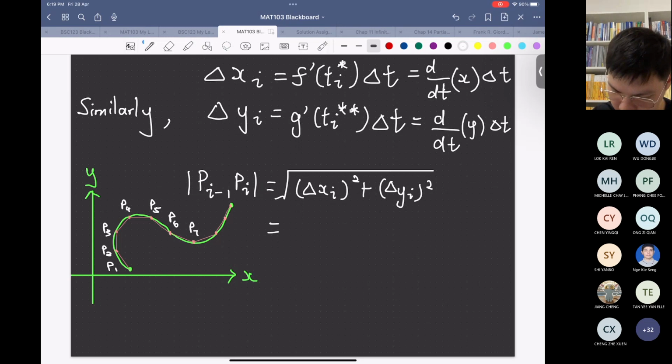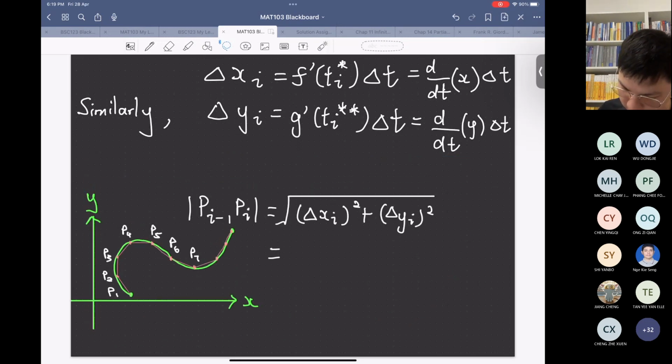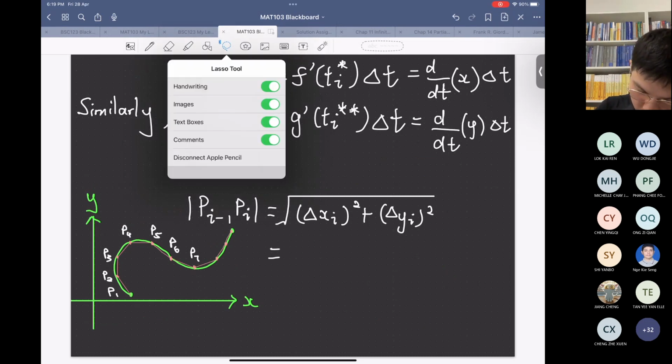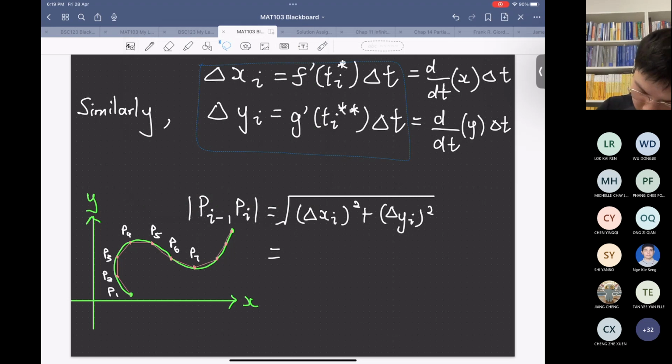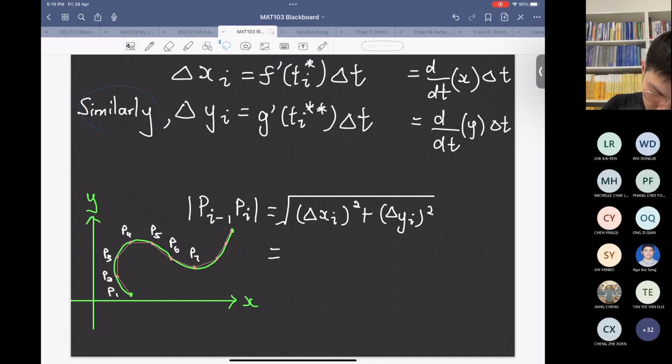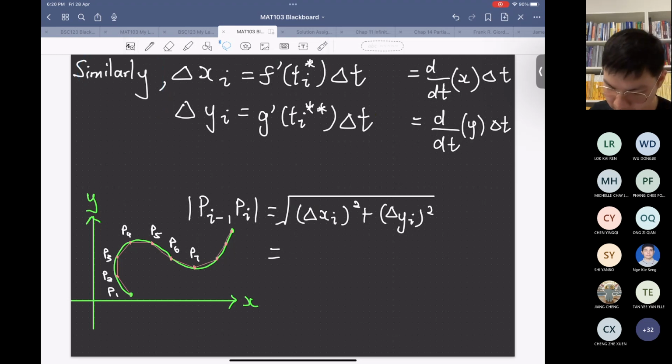So I think I did something stupid again. So let me change it. Let me move this. Okay, let me rewrite this.